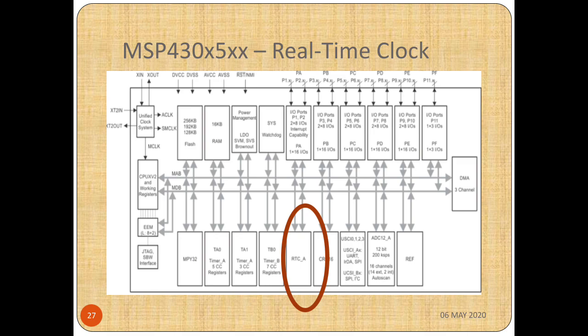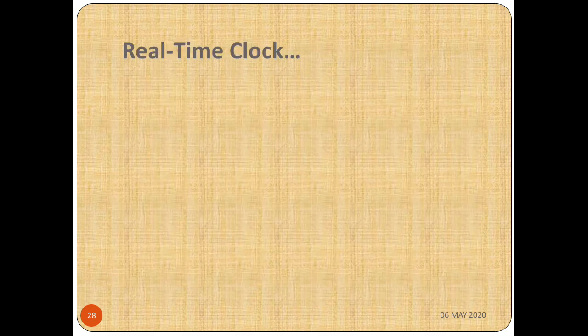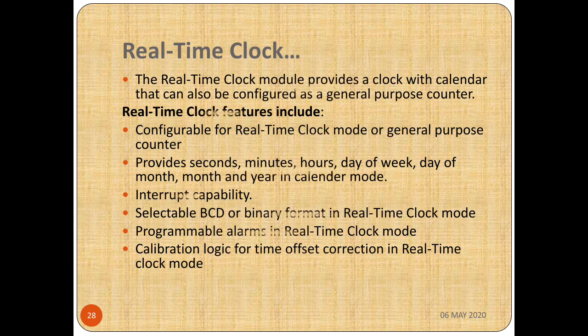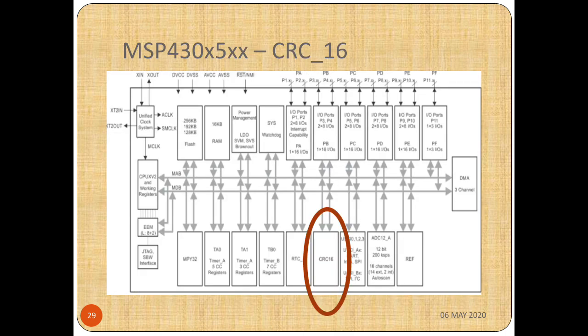This real time clock can provide time for operations and can be used for reminders also. Here the timer can measure the time in terms of BCD numbers or binary format, and we can also set programmable alarms by using this real time clock.